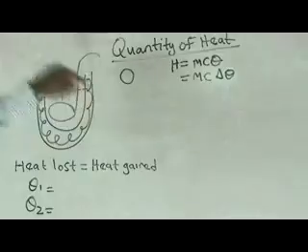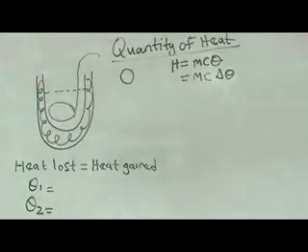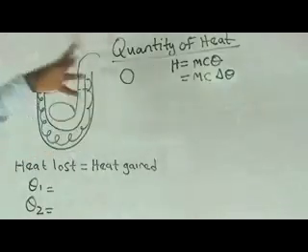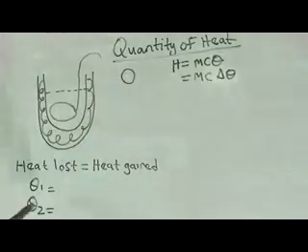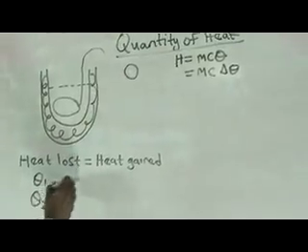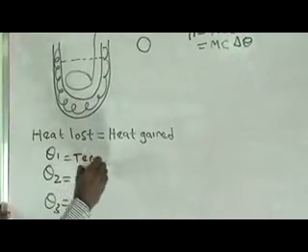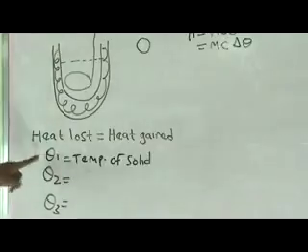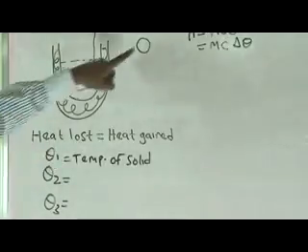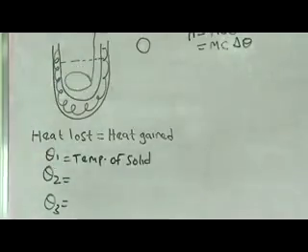You drop the egg inside a cup of water for the egg to be cold. So before you drop the egg, the heated egg is theta 1, which is the temperature of the solid that you heated.